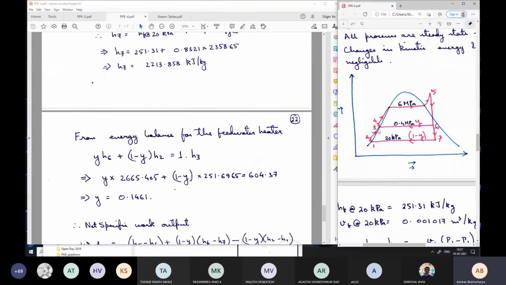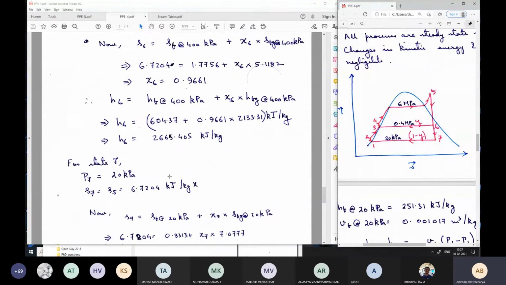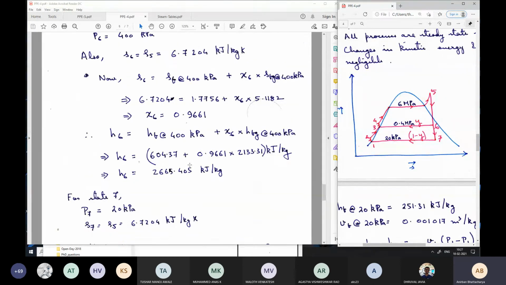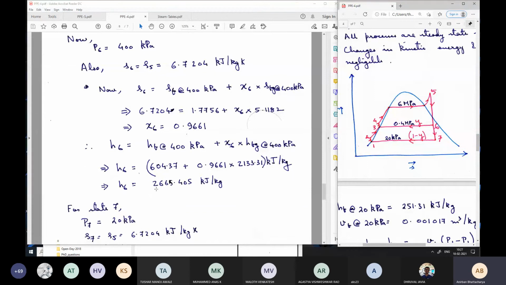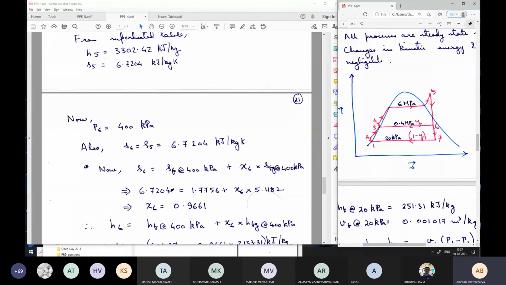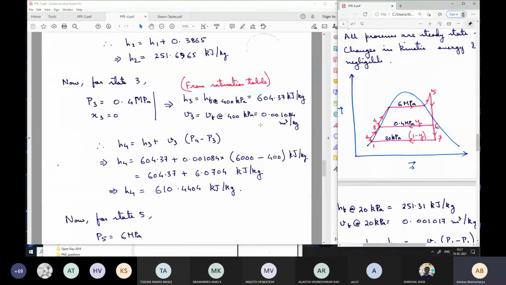Okay. So the heat loss by the steam is H6 minus H3. What is H6? It is 2665.4. Okay. So 2665, from there it is coming to H3. H3 is 600. So around 2000 kilojoule per kg of heat is lost by the steam per unit mass, while the increase in enthalpy due to sensible heating is from H2 to H3.